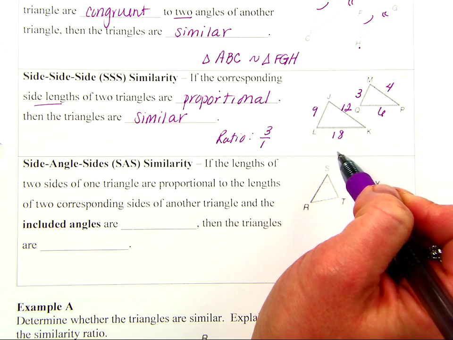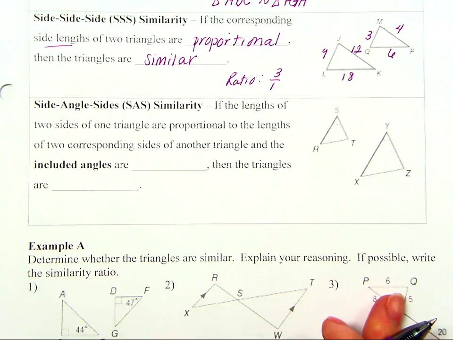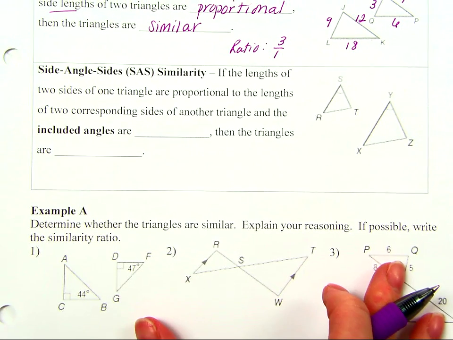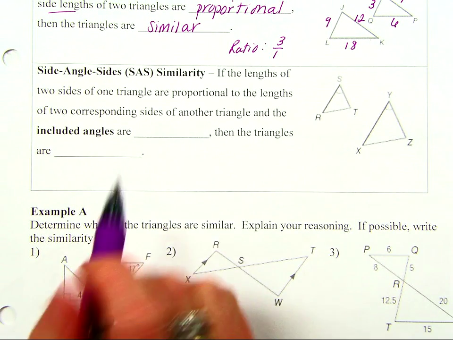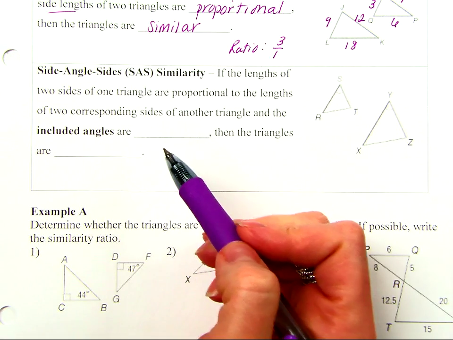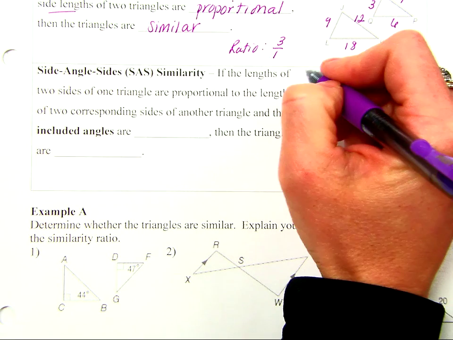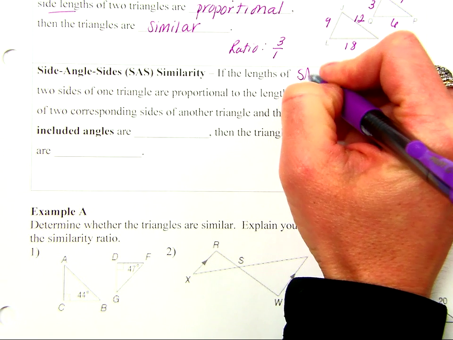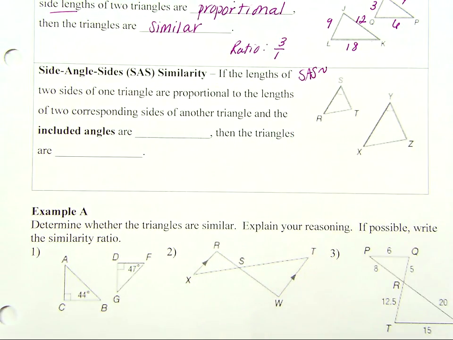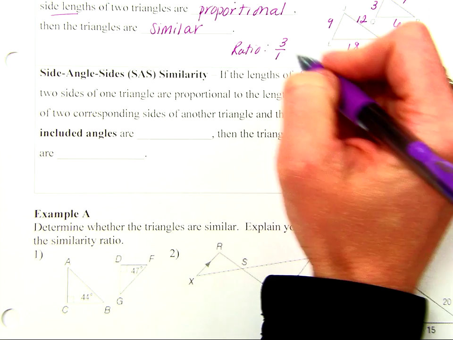There's one more, and that last similarity shortcut is side-angle-side similarity, so SAS. Again, that is also a congruence shortcut, and so when you see that shorthanded, a lot of times people will put the similarity sign behind it so that we know we're not proving congruent.